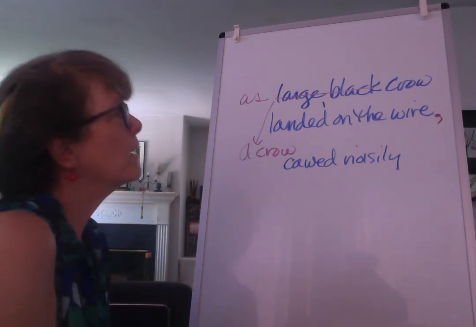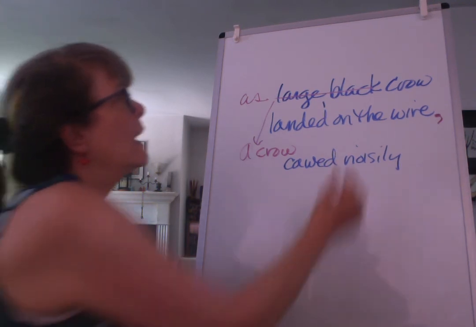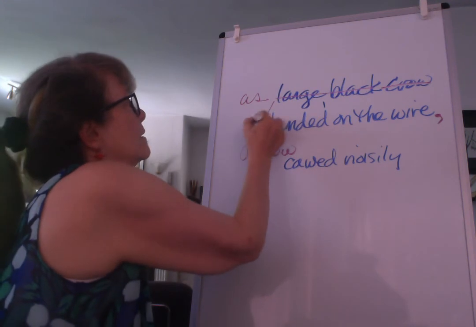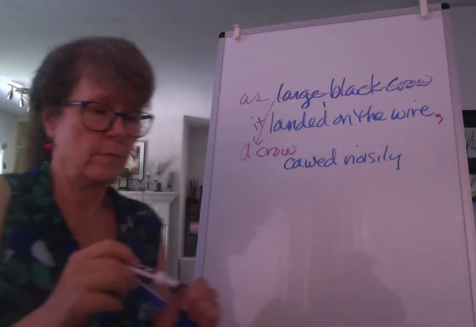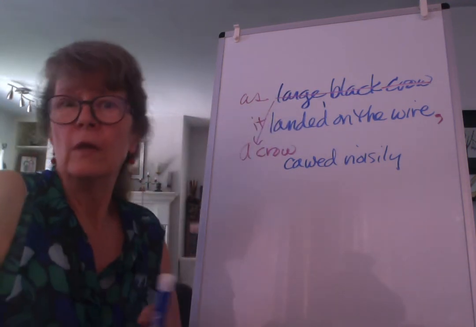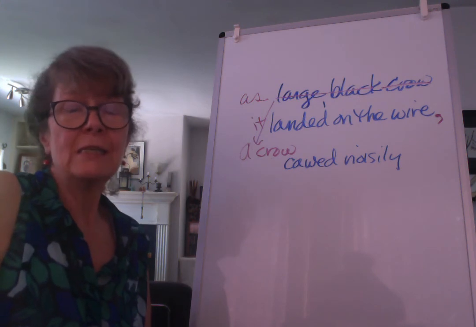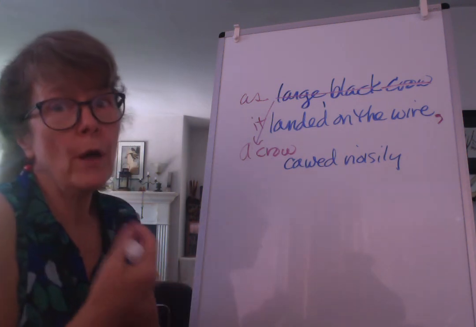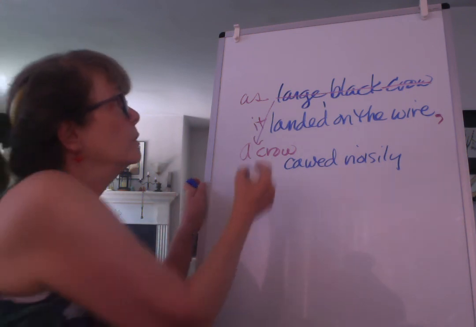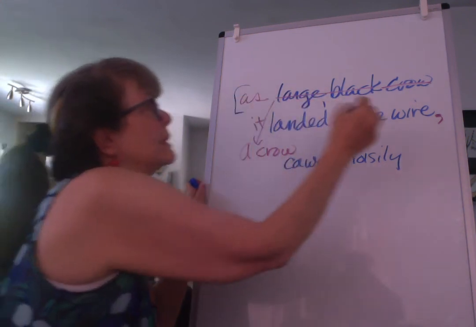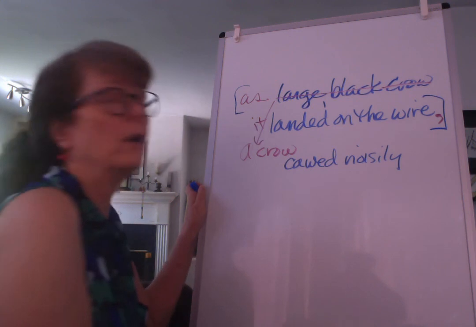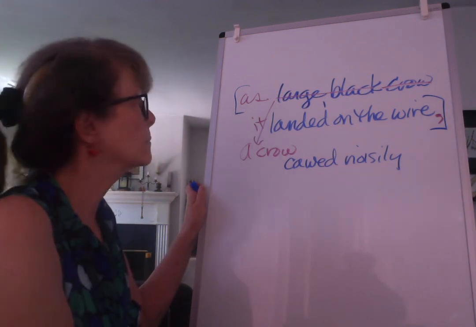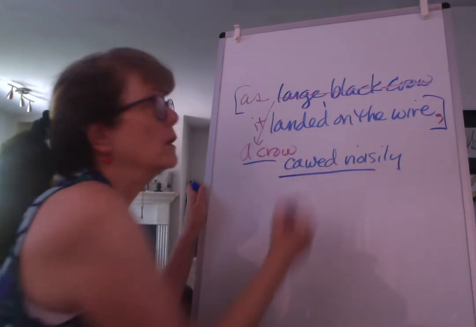A large black crow cawed noisily as it landed on the wire. Okay, so the difference is we've got to make sure that we're putting a comma when we're supposed to. So here we made this into a subordinate clause, and this is a main clause.